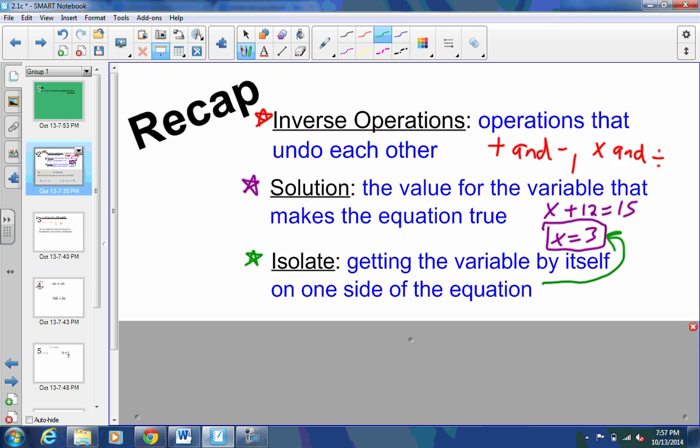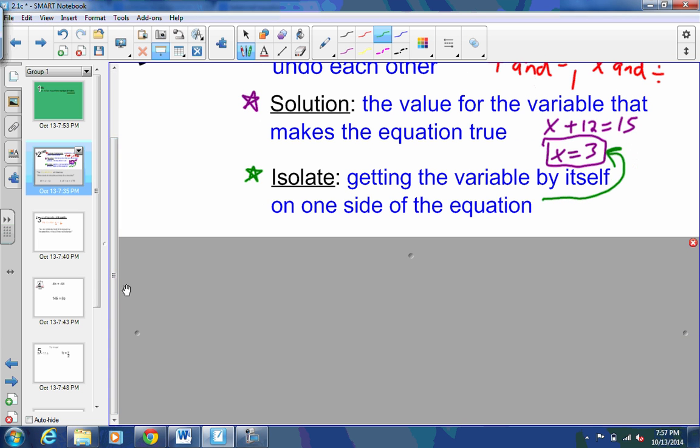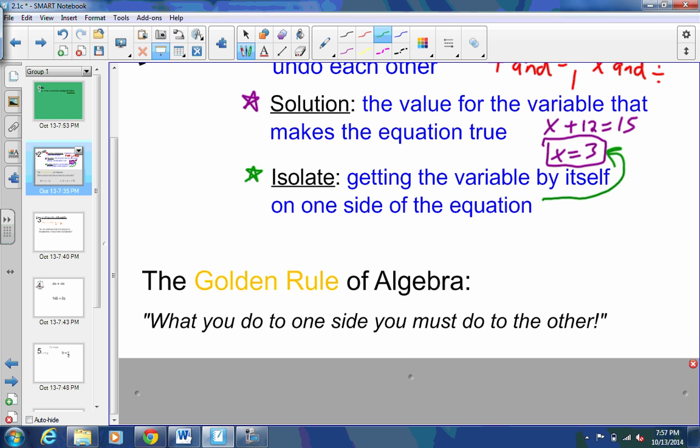Now, the golden rule, and this is something that I think is really important. I keep saying it, but the golden rule of algebra: what you do to one side, you must do to the other. And obviously, we're talking about equations here.